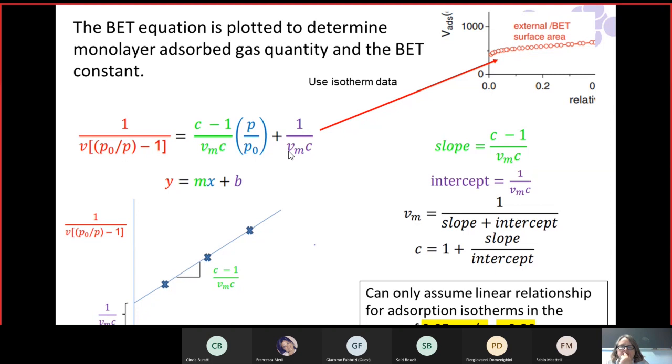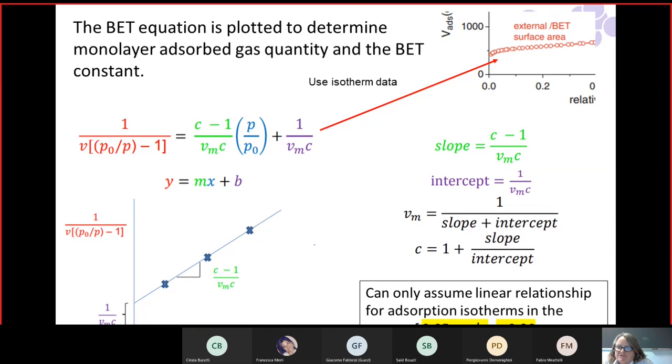So what we do is use only the low pressure part. The linear BET equation only has a linear region for partial pressures between 0.05 and 0.3.